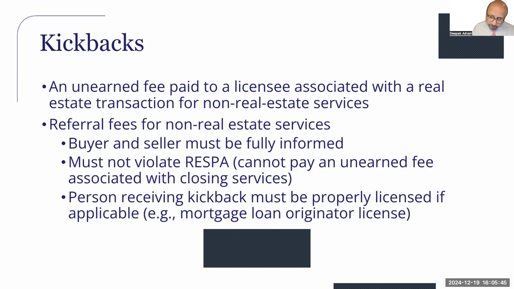So on the residential side, the broker cannot place a lien on the real property unless the owner gives express authority in the listing agreement, buyer's representation agreement, or sales contract. So the broker cannot just by default automatically go ahead and put a lien on the property unless and until it's specified in one of these agreements, like I said, the listing agreement, the sales contract, or the buyer's representation agreement.